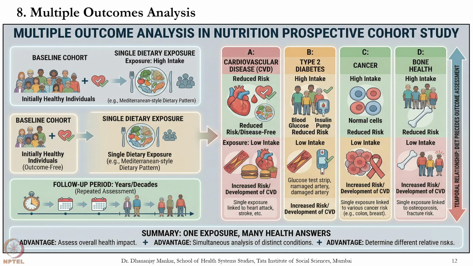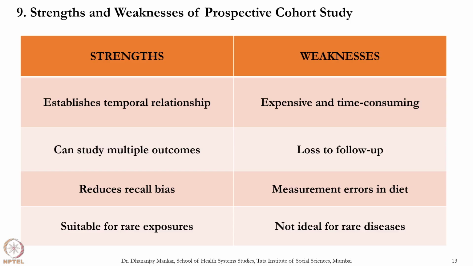It is also advantageous to determine the temporal relationship, where diet precedes the outcome, and to understand how low intake or reduced risk and high intake give you major reasons for nutrition prospective cohort studies.